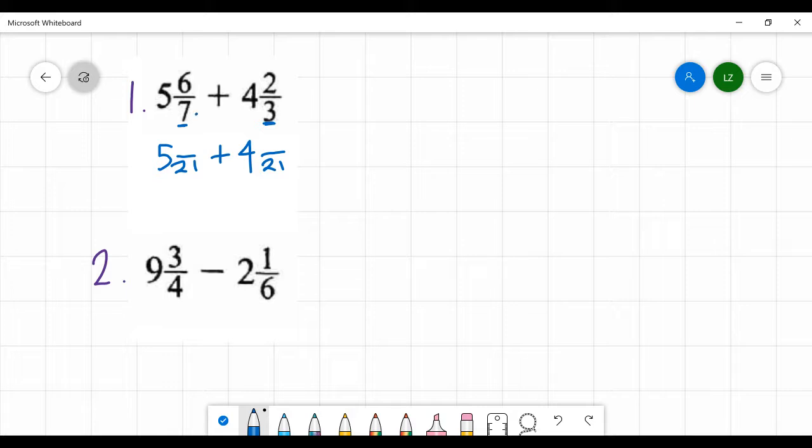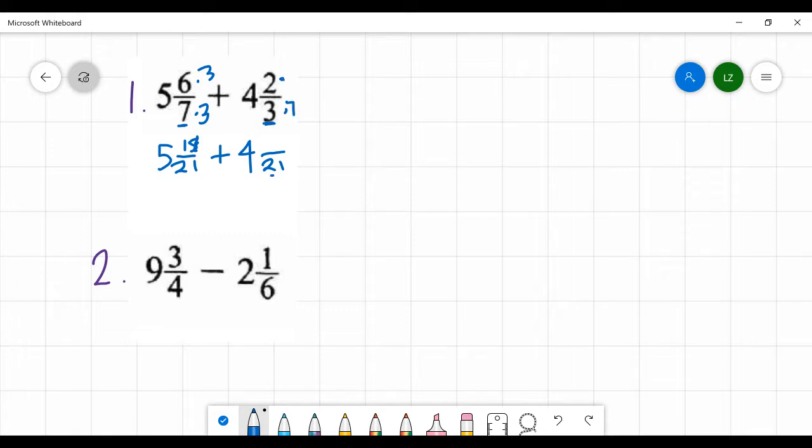Now let's make some equivalent fractions. So if I have 21 as my common denominator, I have to multiply 7 by 3, which means I have to do the same to the numerator, giving me 18. And then for my other fraction, I have to multiply 3 by 7, giving me 21.